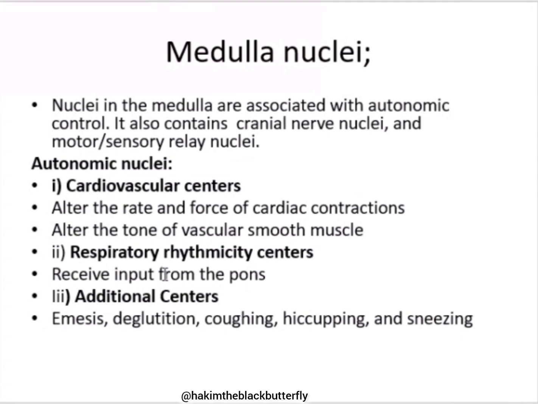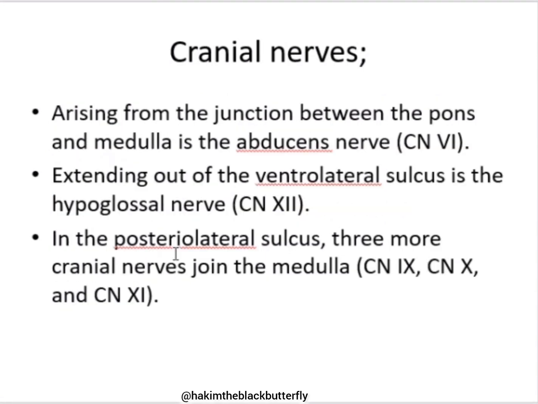Whenever they say that someone is brain dead, they mean that the brain stem of that individual has been injured severely. And why do they call them brain dead? Because the brain stem contains vital centers which control the heart, which control breathing and other vital functions. And these are some which are contained within the medulla oblongata.